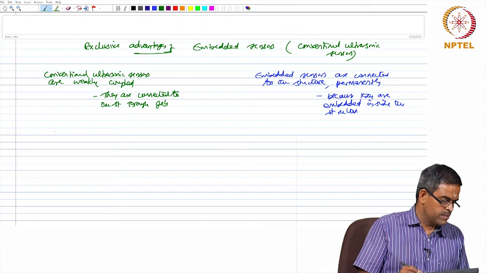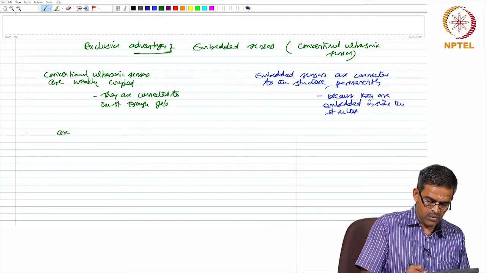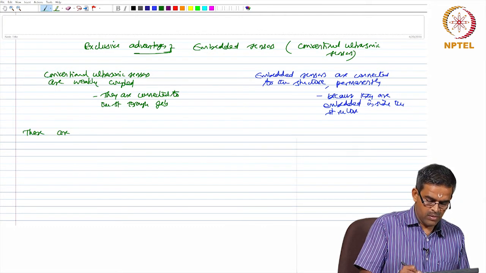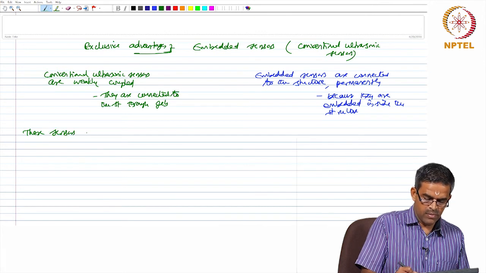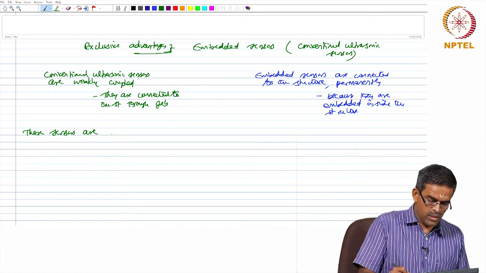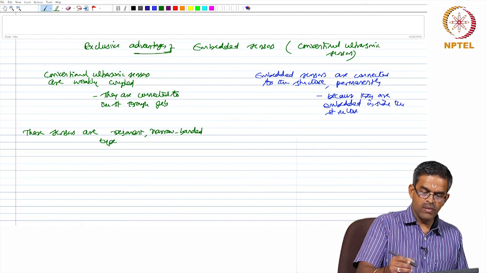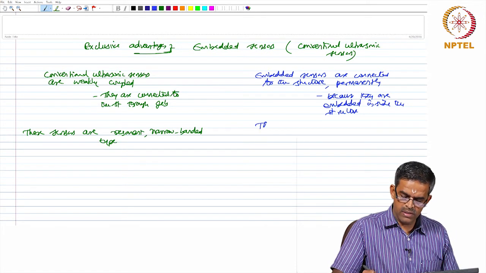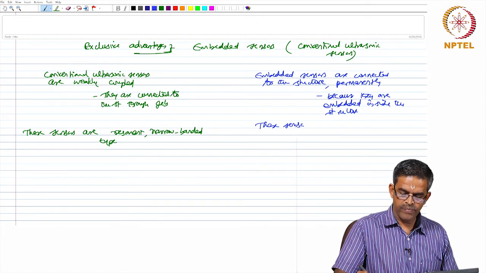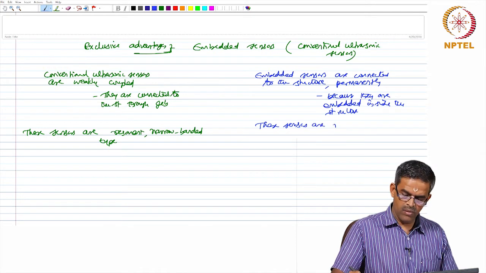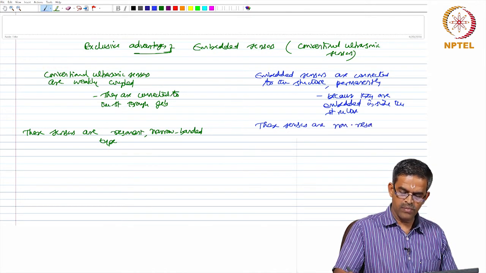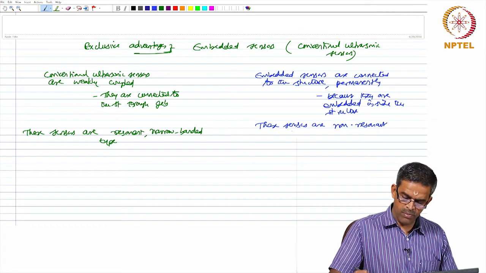Conventional sensors are resonant, narrow banded type, whereas these sensors are non-resonant, broadband type.